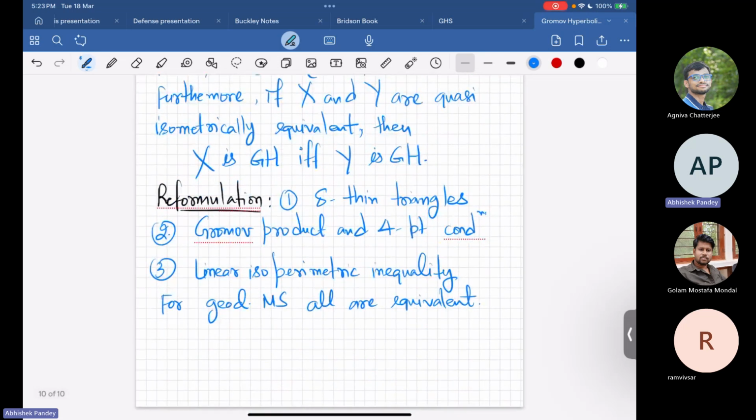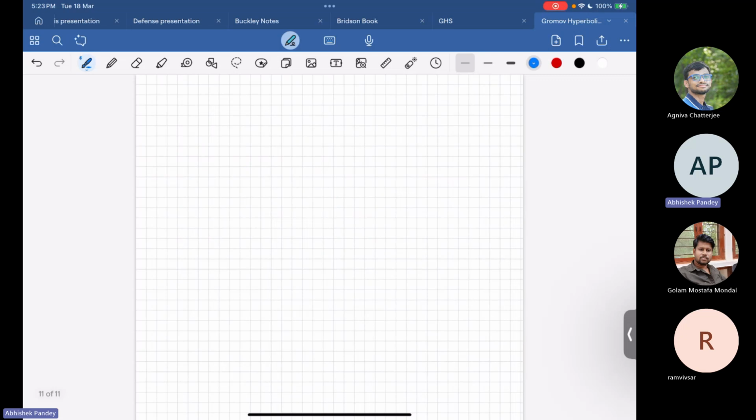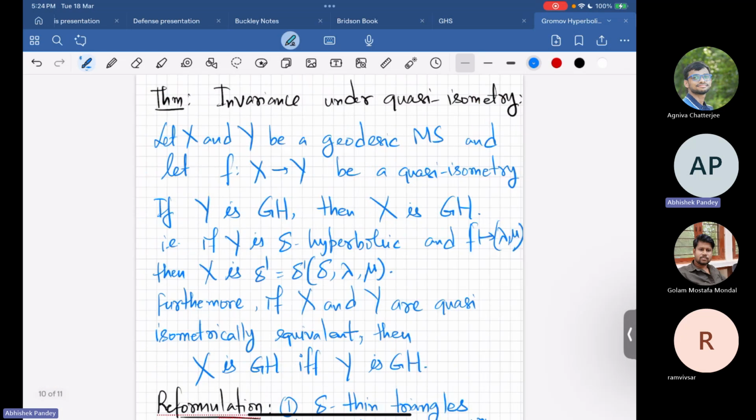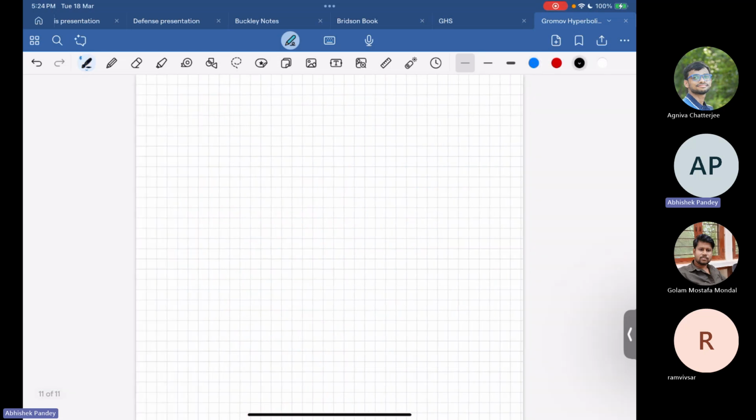Up to this point I think everything is clear, because we are now going to move towards the uniformization technique introduced by Bonk, Heinonen, and Koskela. If there is any doubt, please let me know. If not, let us move to the BHK uniformization.